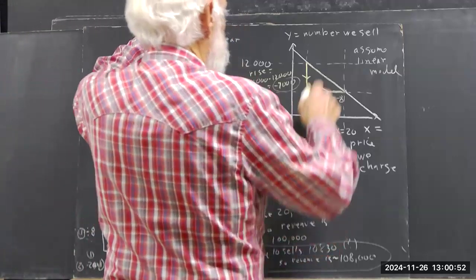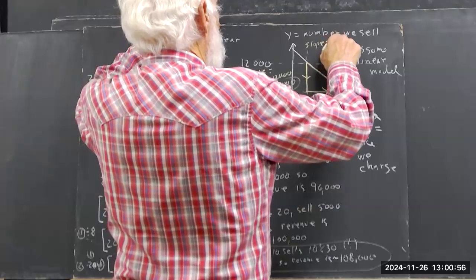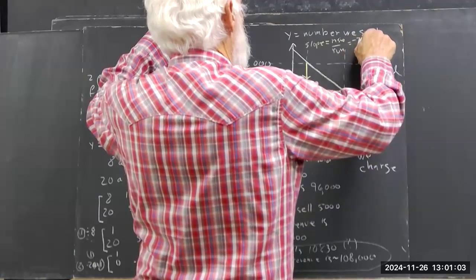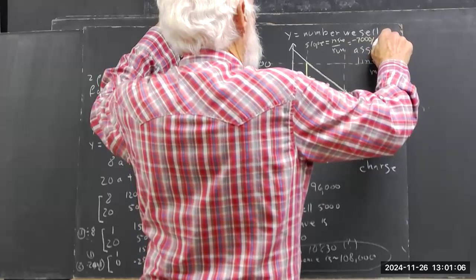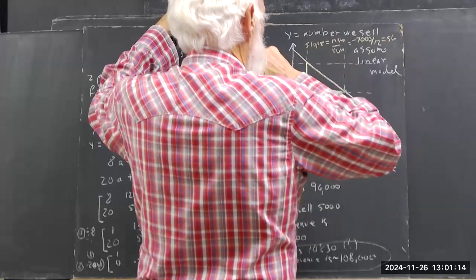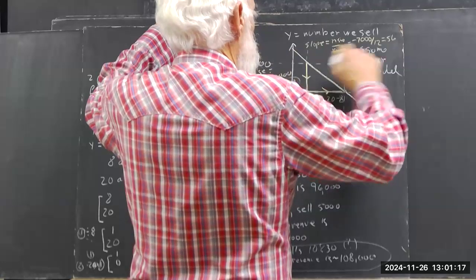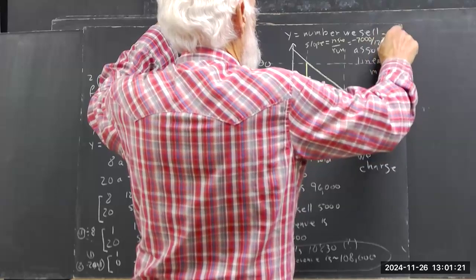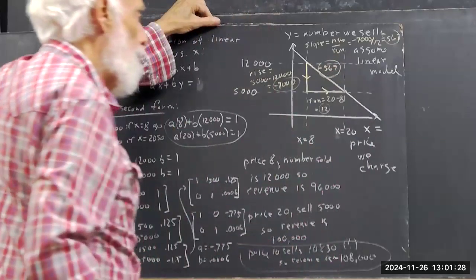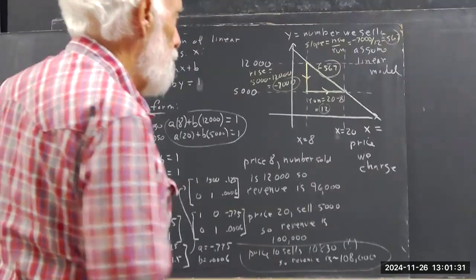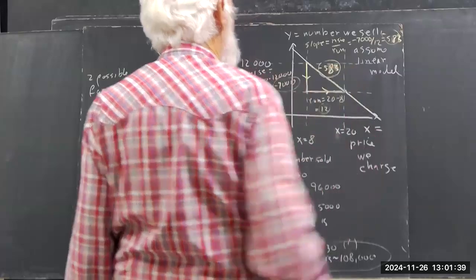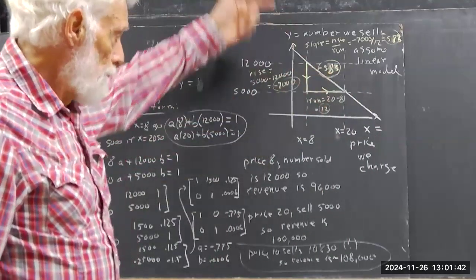So the slope is about negative 583. Okay, so look what we've got.